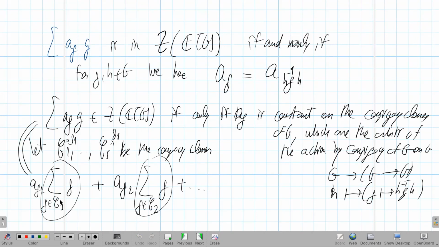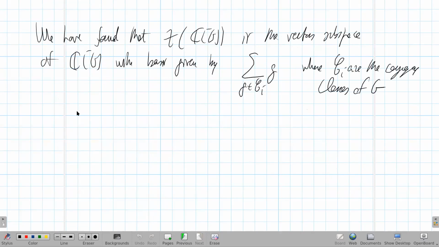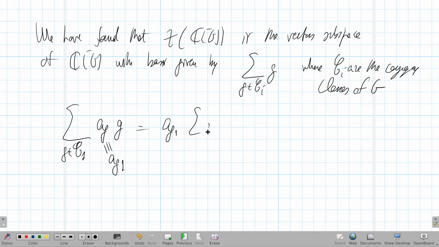So let's redo the argument. When I sum over C1 the AG G, this coefficient is constant. These are all equal to the value of this on one of the elements in C1. And so this is a constant that you can pull out, where, as I said in the previous slide, G1 is an element in C1.